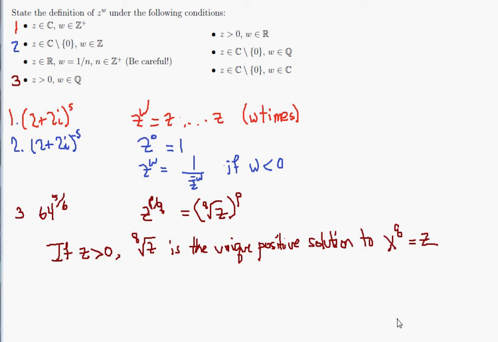So that's what it means to be a qth root if the thing under the root is positive. More on that later when I get to the be careful case.